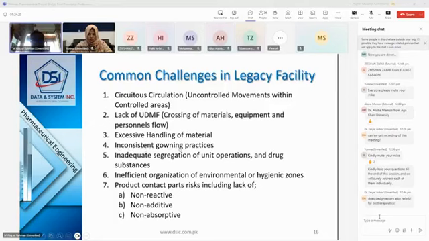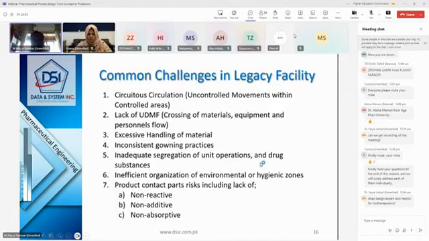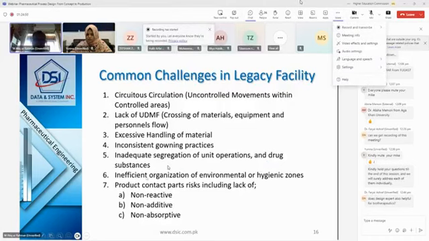These are some of the challenges in legacy facilities. Inadequate segregation of unit operations and drug substances. Most of the legacy facilities or older plants are incapable of segregating operations and incapable of complying with contamination control strategies.